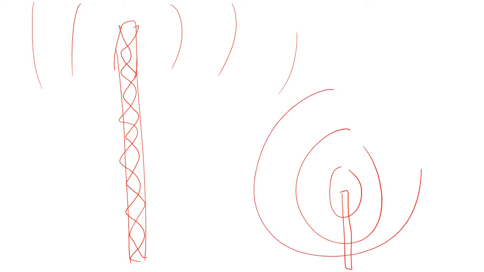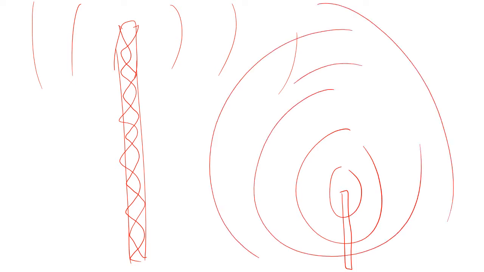Now, for an AM transmission, the signal kind of goes omnidirectionally away from the tower. In that case, the signal does actually go upwards. There's nobody that lives up that way, but in the upper part of the atmosphere, the ionosphere can cause that to reflect downwards.